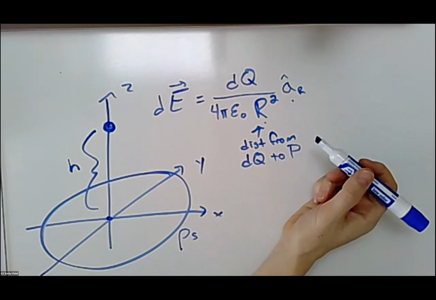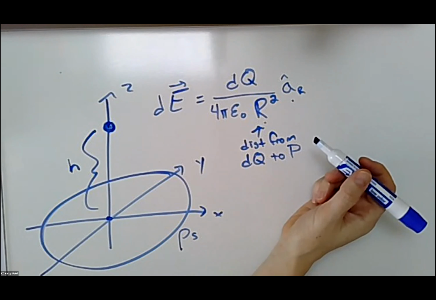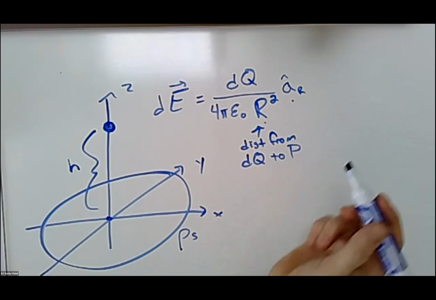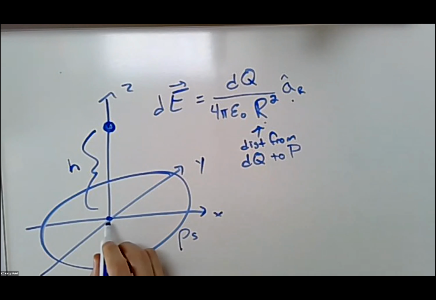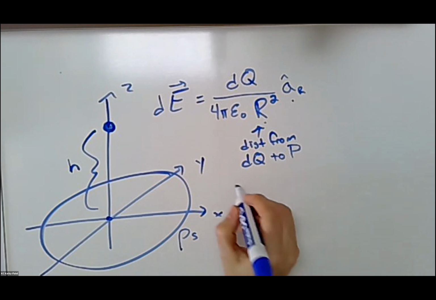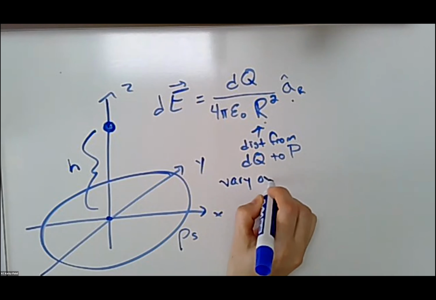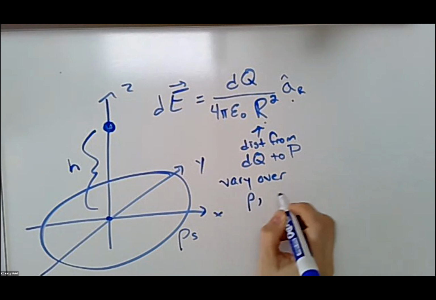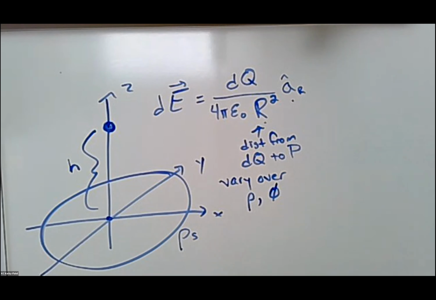So if I'm working in cylindrical coordinates and I'm doing a surface integral over the surface of a circle or a disk, what I'm going to do is try and figure out what are the dimensions of my differential surface element. I'm going to vary over rho and phi. When I vary something over rho, that means that my differential length element along rho is just going to be d rho.